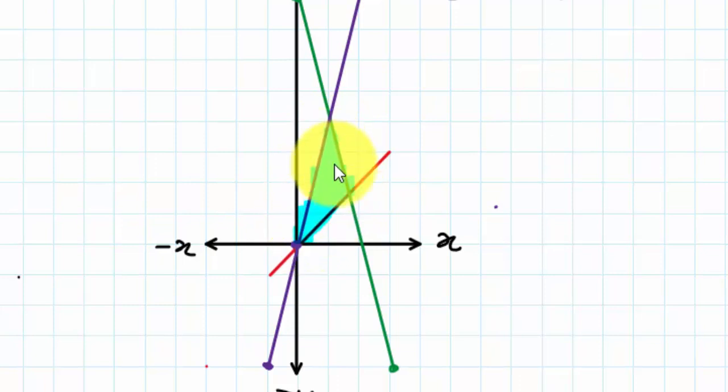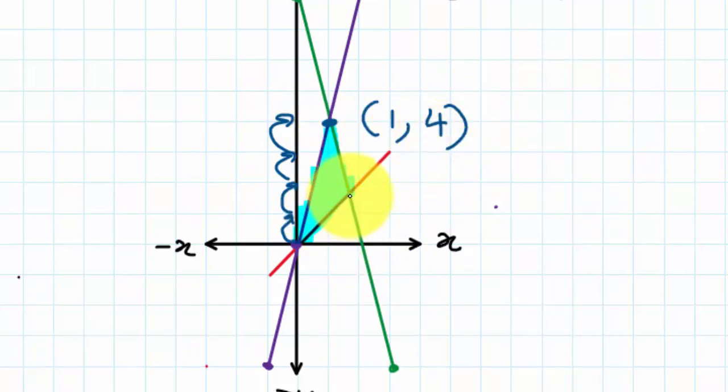So the vertices of this polygon, as the question requires: the x of the first vertex is 1, and the y is 1, 2, 3, 4. The first vertex of the polygon is 1, 4. The second vertex, the question says, is as accurate as your graph gives. It's more than half, it means it's more than 1.5.